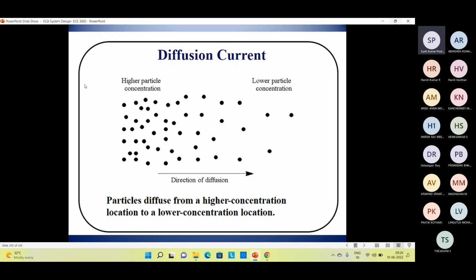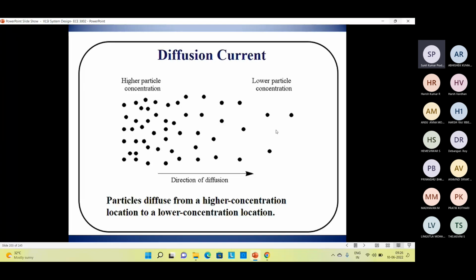So this is a high concentration of particles, and here there is a lower concentration of particles. If by particle we take electron, then the electrons will move from higher concentration to the lower concentration. That is our diffusion current, and this is the mechanism of the diffusion current concept.